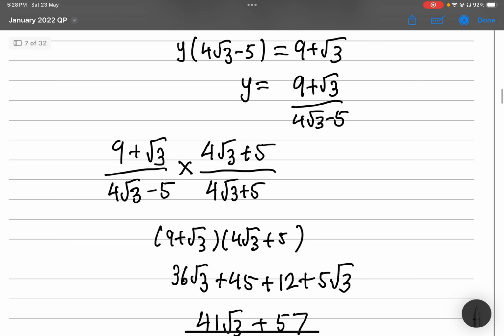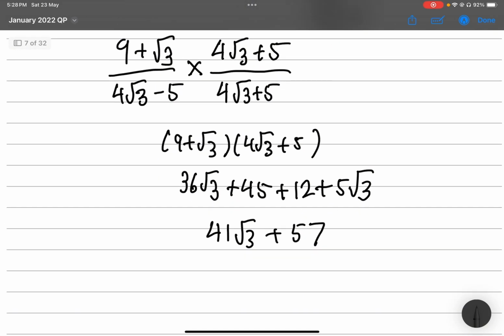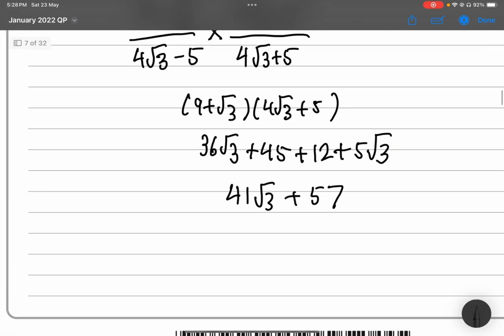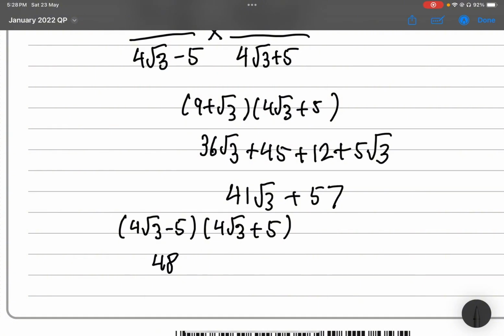Now we're going to multiply the denominator together. So we have 4 root 3 minus 5 multiplied by 4 root 3 plus 5. The same steps as before. 4 root 3 times 4 root 3 is 48. And then 4 root 3 times 5 is 20 root 3.